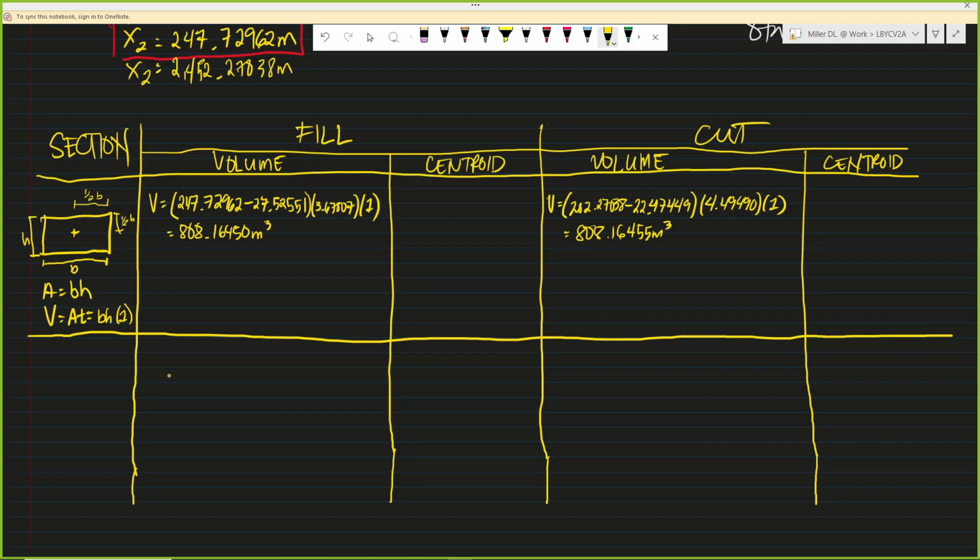Next naman, ang centroid natin, x bar ng rectangle, basically 1/2 of the base lang to.